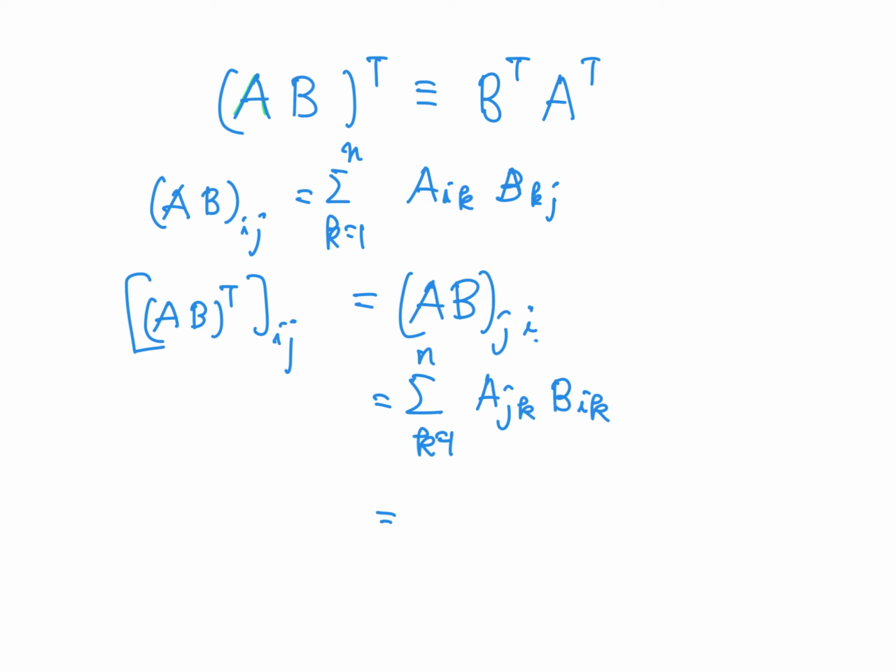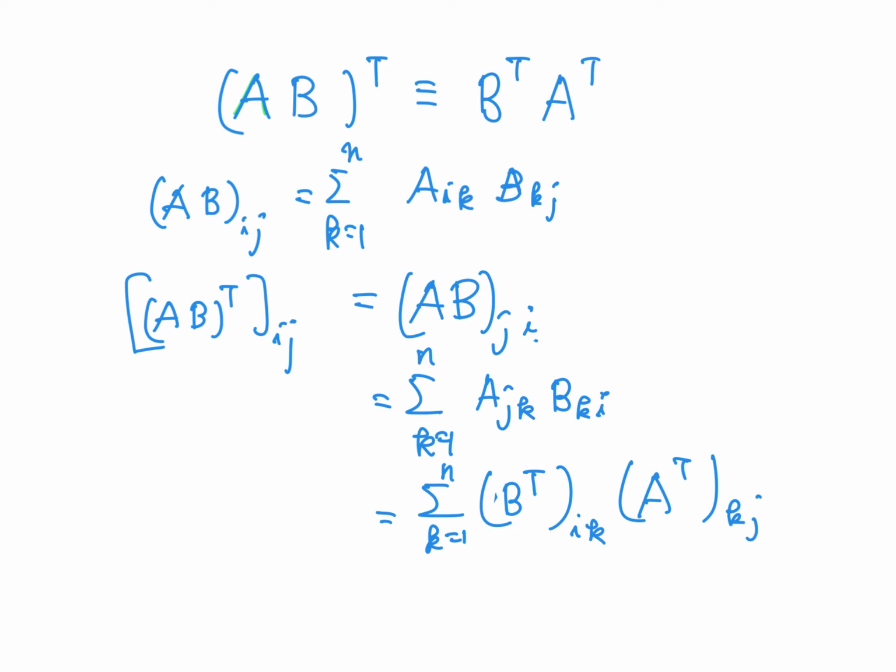Oh, sorry, B_ki is actually B transpose_ik, and A_jk is A transpose_kj.